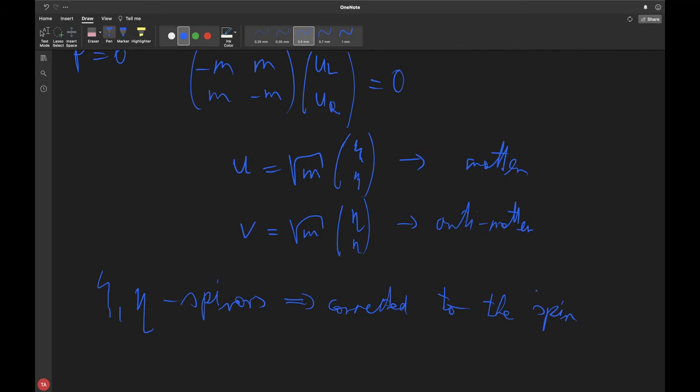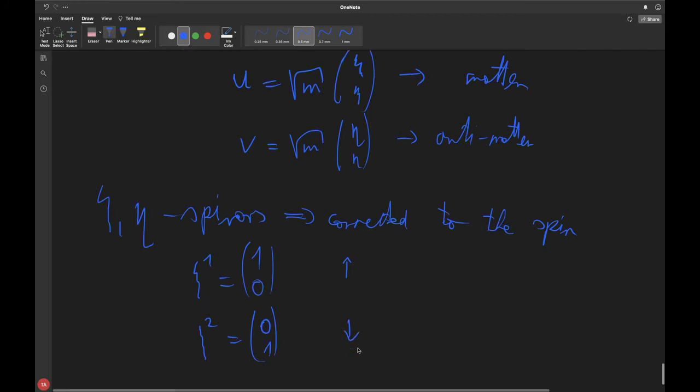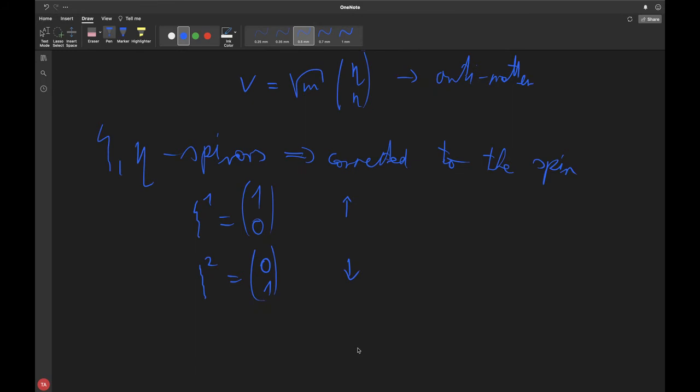They can have two eigenstates: xi 1 is (1, 0), which you could also think about as the up spin, and xi 2 is (0, 1), which is the down spin, for the particles.